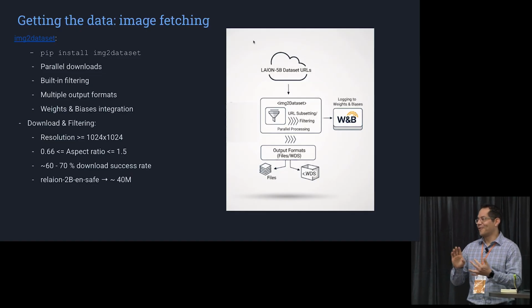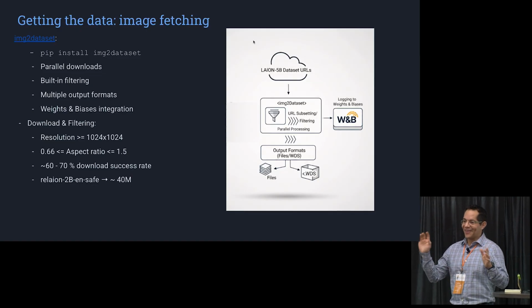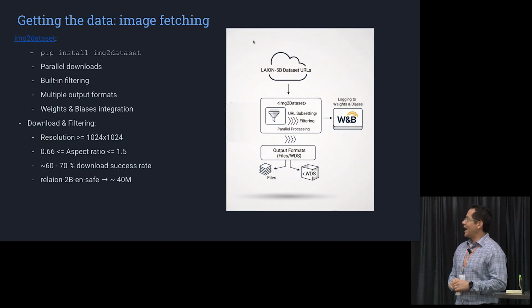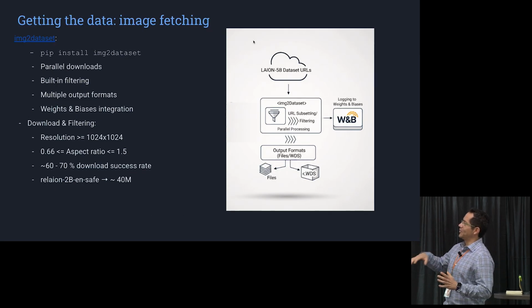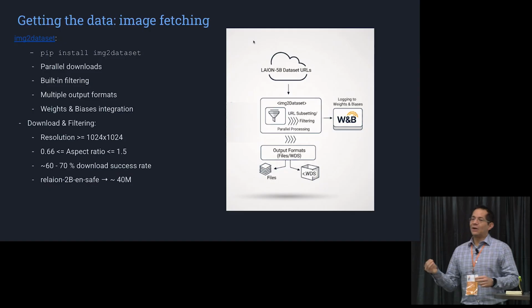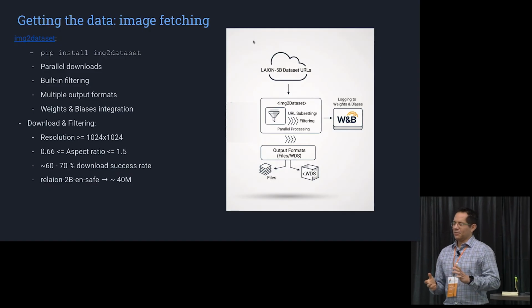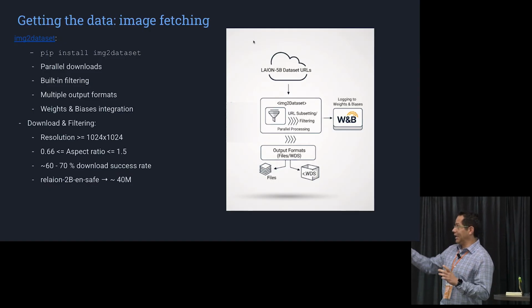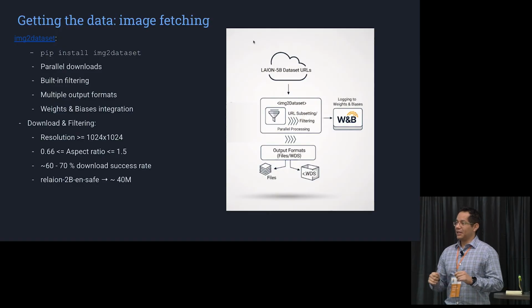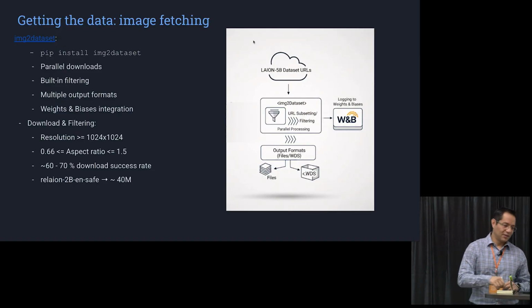You get 500s, 404s, 401s, all sorts of little things are going to get in the way. But once you apply this filtering and you get this yield, we were down to about 40 million images, which is quite a reduction from the 2 billion that this data set starts with, but it's still a significant amount of data, as we'll see.